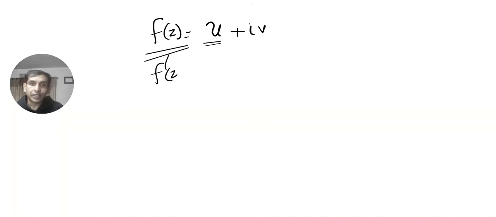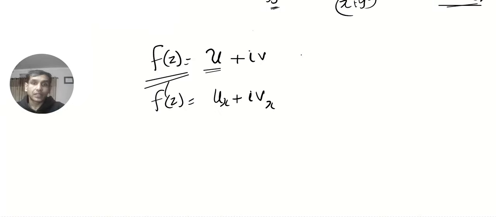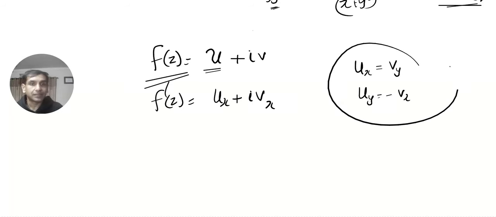Next step, the derivative ux plus ivx. Oh, wait a minute, look at the question. They gave v, so I have to convert everything in terms of v. No problem, we will write the CR equations, ux equal to vy, uy equal to minus vx.